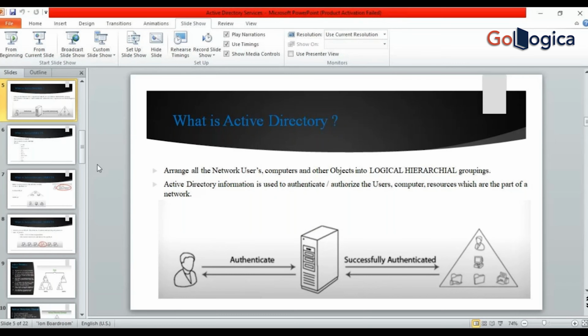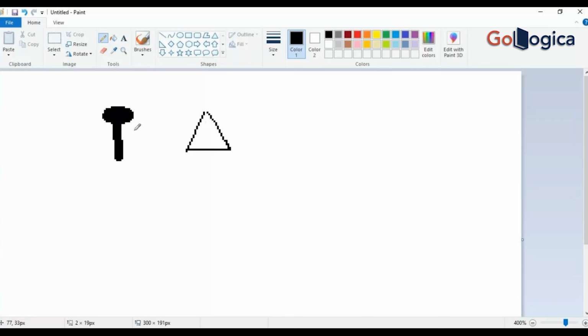Your question is valid and I will show you one thing with the help of a diagram. If I am talking about this, this is an Active Directory and this is my user. He is supposed to get inside this Active Directory to make his authentication.